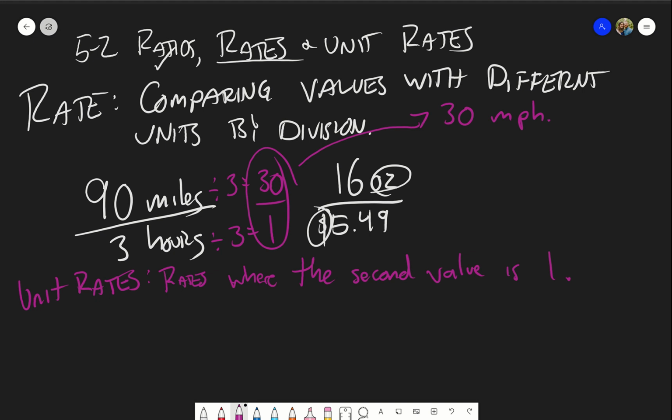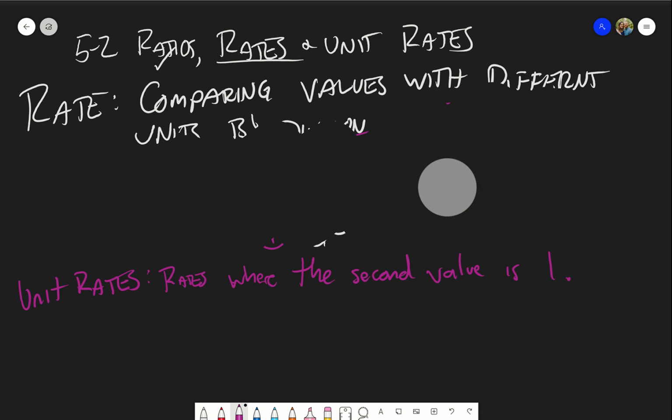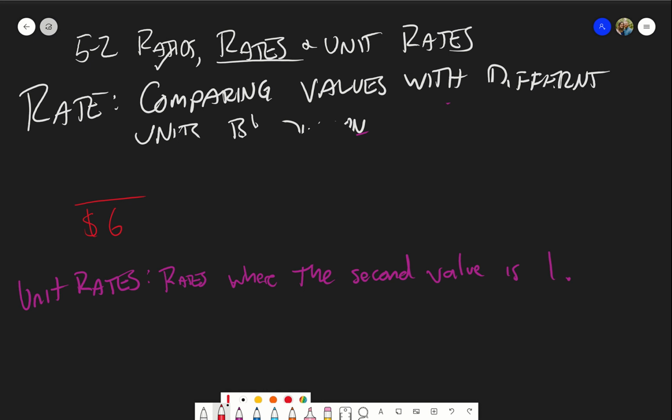If I go to the store and I spend $6 and I get 12 apples, I would divide this by 6, divide this by 6.